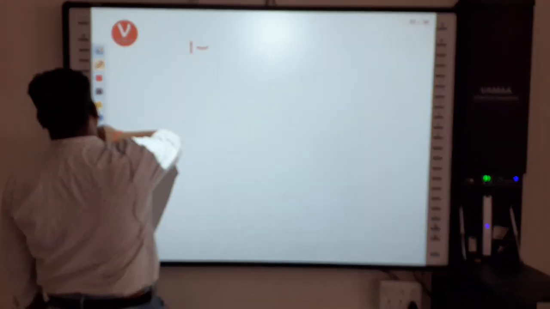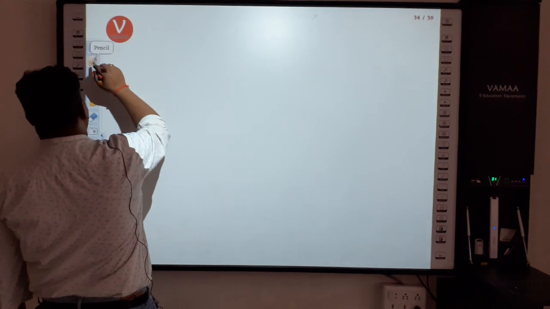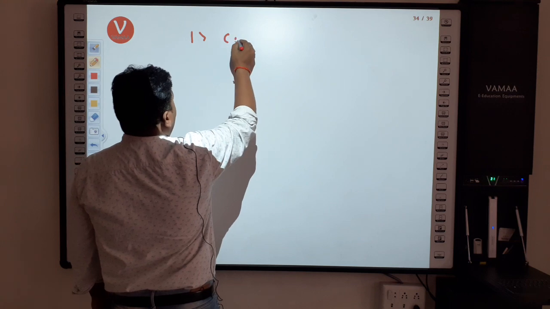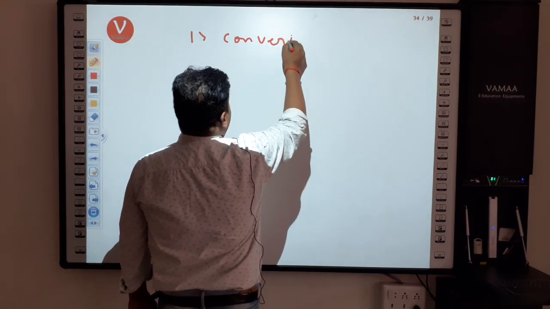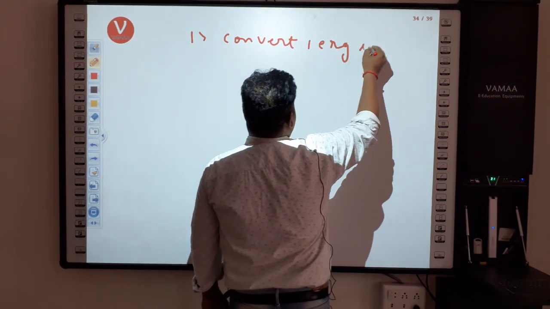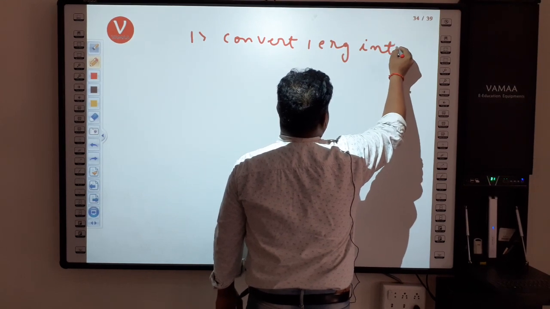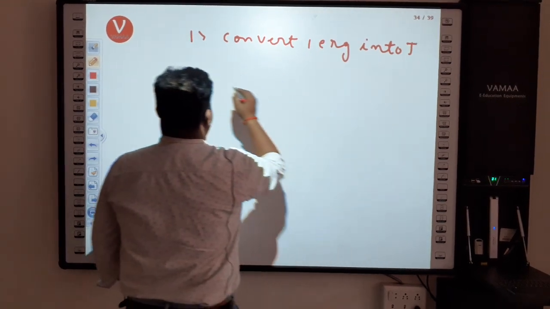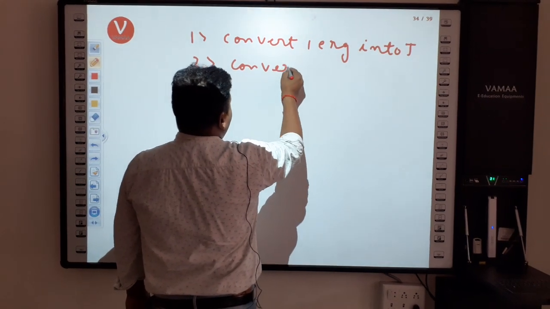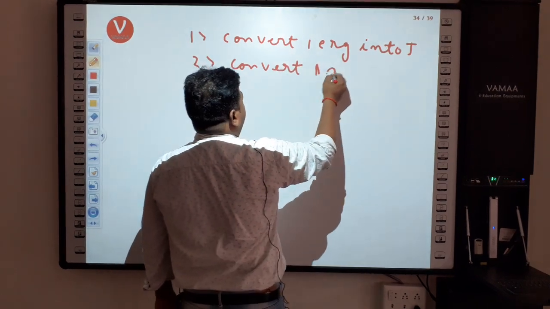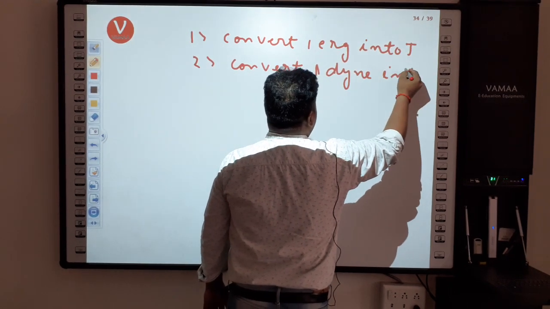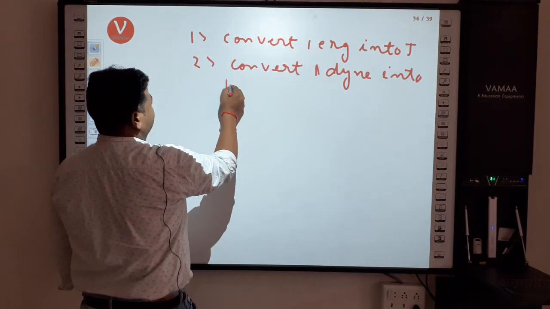Question first: convert 1 erg into joule, and second, convert 1 dyne into Newton.